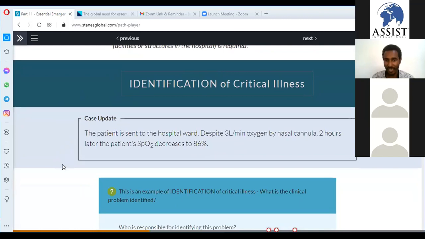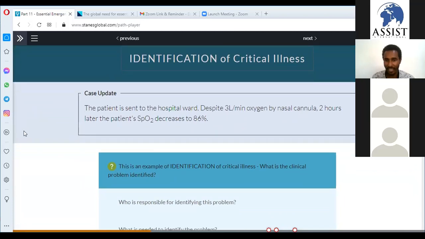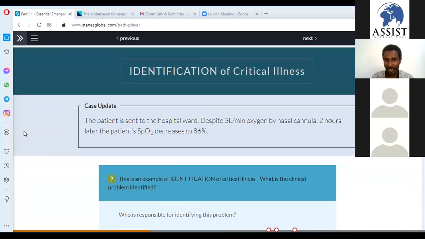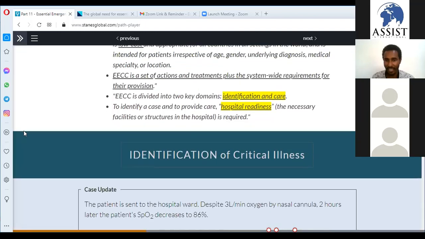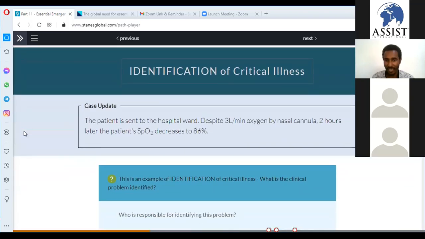Before we go to the discussion, we have a case, an update of our previous case. You previously decided to send the patient to the ward, so you have sent the patient to the ward, and despite putting him on 3 liters of oxygen, 2 hours after you admit the patient, the saturation drops to 86%.